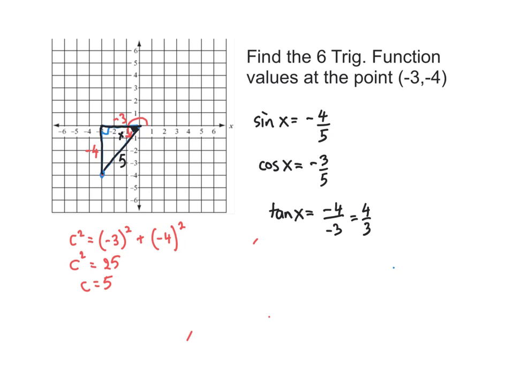The reciprocal functions: cosec x is reciprocal to sine, so it will be negative 5 over 4. Just basically turn this upside down. Sec x is the reciprocal of cos, so negative 5 over 3, and cot x is the reciprocal of tan, so 3 over 4, turning this one upside down.